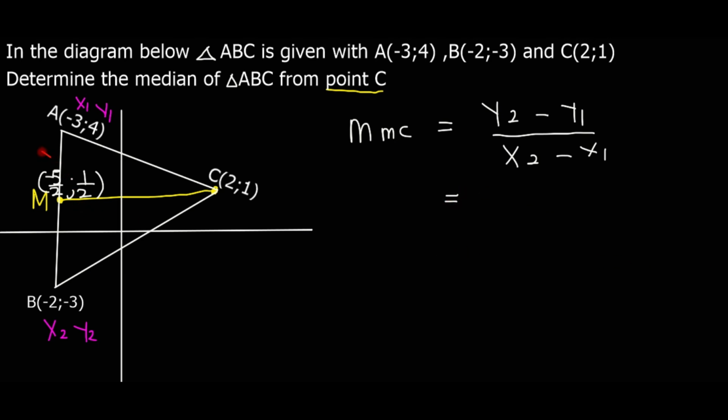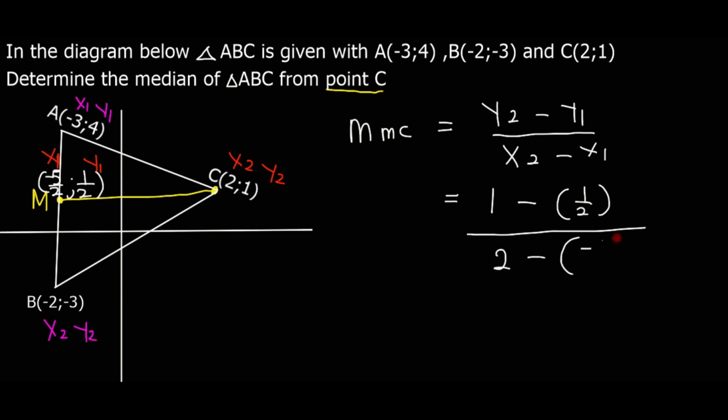Let's say this is x1 and y1, x2 and y2, because that's now the gradient of this line MC. So y2 is 1, and then y1 is half, and then our x2 is 2 minus negative 5 over 2.